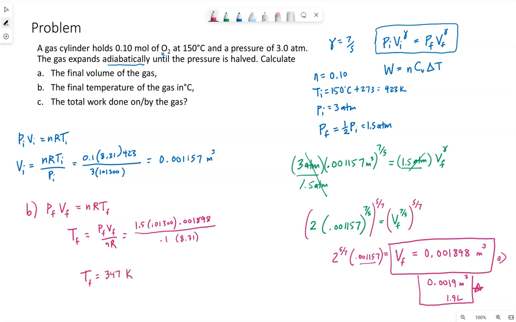This will be in Kelvin because of the units on R. 2 sig figs, so this is approximately 350 Kelvin.